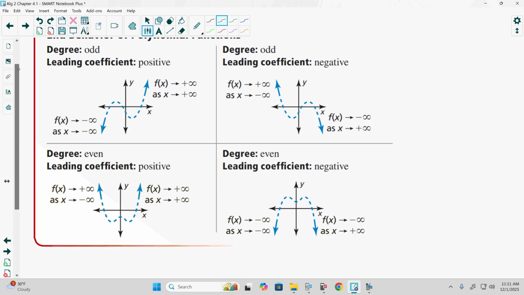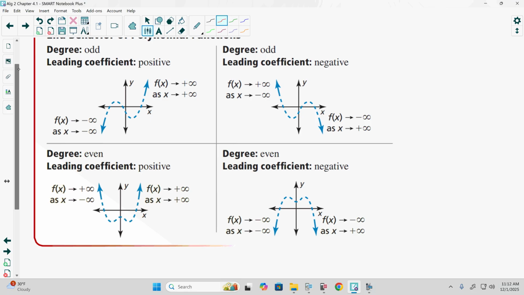So, degree. Now, if the degree is odd and the leading coefficient is positive, f of x is going to approach infinity as x approaches infinity.